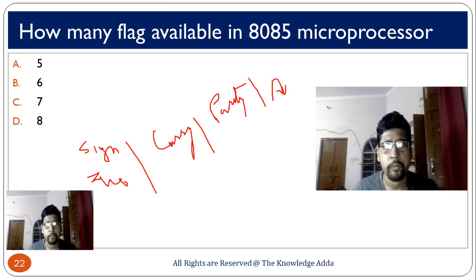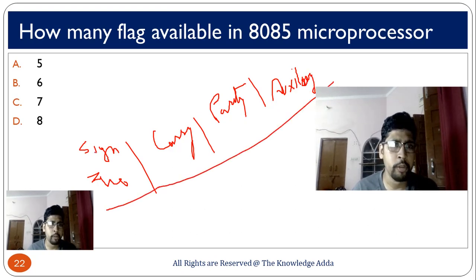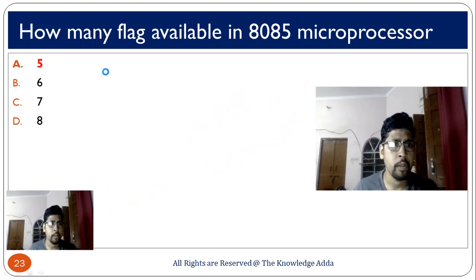Okay, you can watch my video which is based on flags. In that video you can easily understand what is the meaning of flag and how they work in the 8085 microprocessor. So in this case option A is correct because 8085 has only 5 flags.